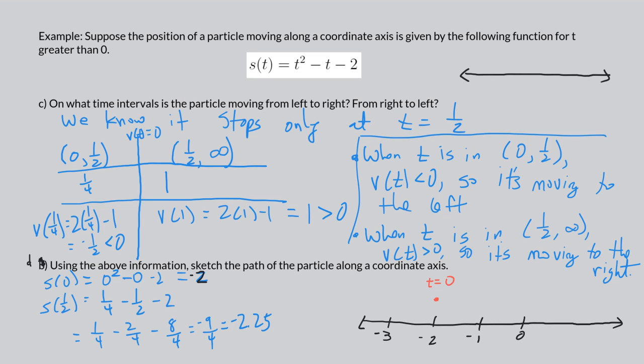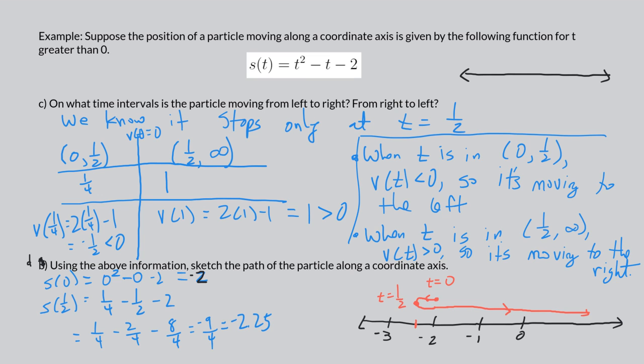So the particle starts out moving in this direction. It only goes out to about -2.25, and then it stops and it turns around. So this happens when t is equal to 1/2, and then it doesn't change anymore. It just keeps going in this direction forever.